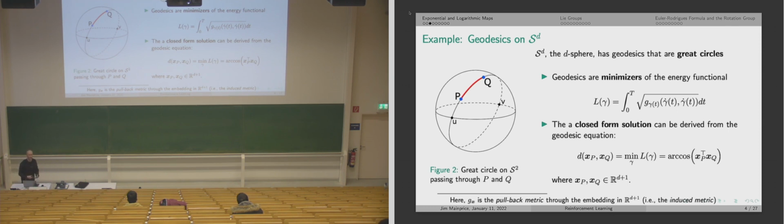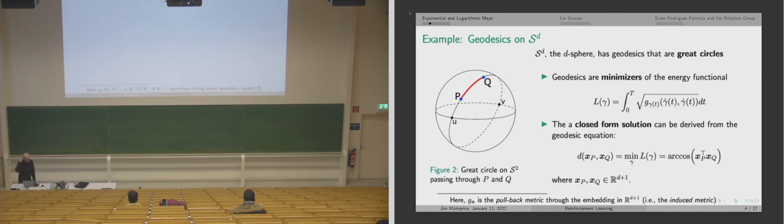So it's simply that we are measuring distances with respect to the Euclidean distance in three-dimensional space, but we are constraining ourselves to remain on the surface of the globe, and so the geodesic is simply going to curve around minimally between the points, following the minimizer of that. And for the sphere, we have a nice closed form solution for the distance.